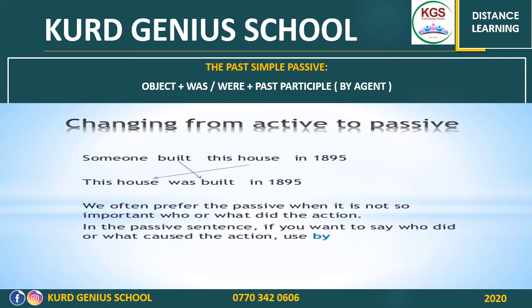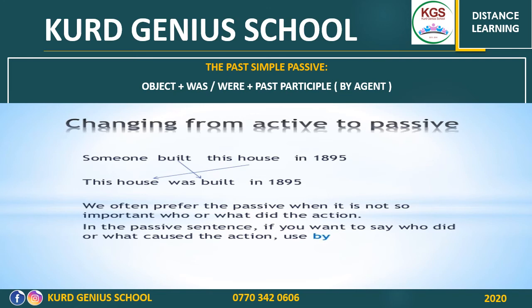Like any other passive sentence, you put the object at the beginning, followed by was or were, the auxiliaries of the past, and then the past participle. As I said before, you always use the past participle in passive sentences. Then, if you want to say who did the action, you can add by agent.